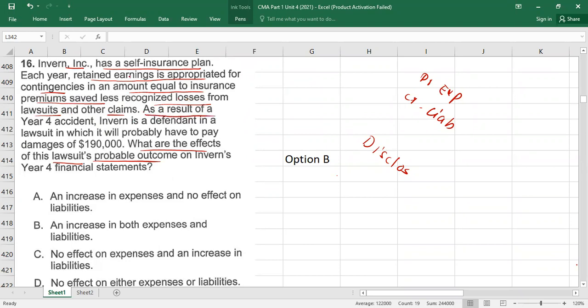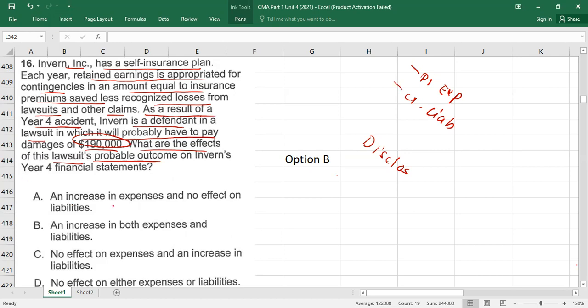As a result of year 4 accident, Invern is a defendant in a lawsuit in which it will probably have to pay damages of 119,000, and it is probable and amount is also reasonably estimated. So you have to book expense and liability plus disclosure is required.